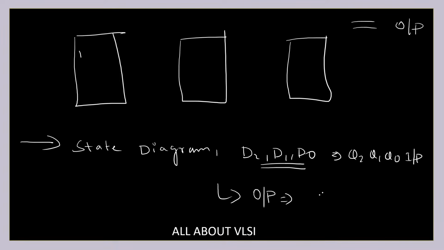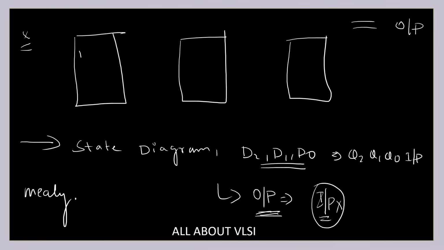So in the case of your Moore, in your output expression, you cannot see your input term present. Let's say if input is equal to some x, so this x will not be present in your output Boolean expression. But in the case of your Mealy, in your output Boolean expression, you're going to find your input term present with Q2, Q1, and Q0 also.